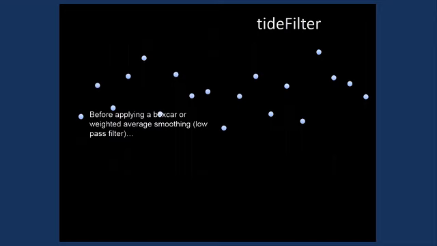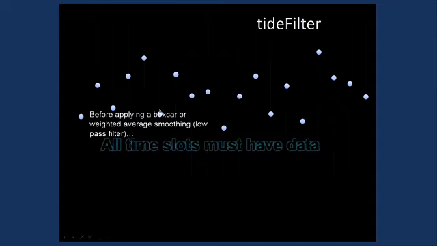You've got a square box of data, and every point has the same weight in that space. But what we have to do when we're filtering is make sure that we don't put in any time bias. Nothing gets shifted in time by our filtering method.